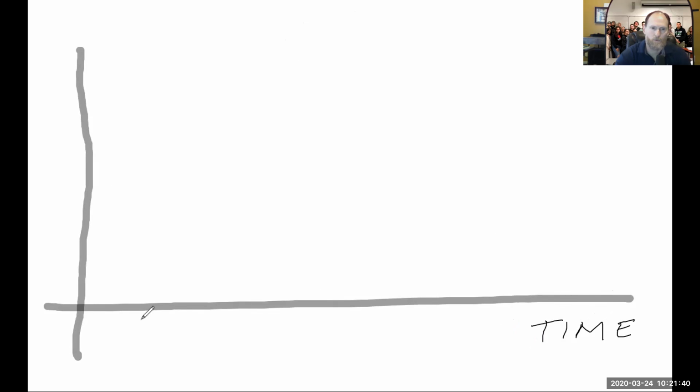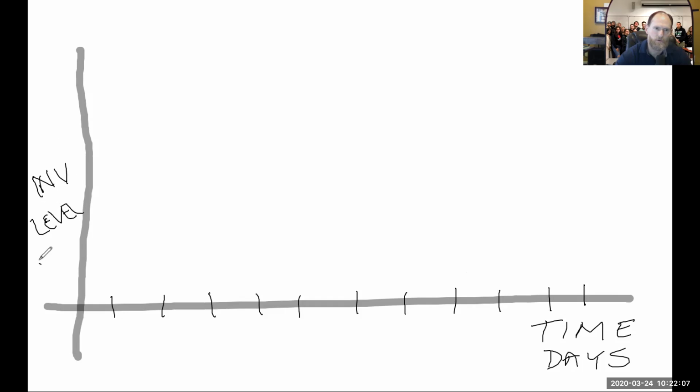And in our model, we're going to be going by days. I think most of the time you're probably going to go by days. And then this axis is inventory level. So we're doing that for the amount of bats that we have on hand.